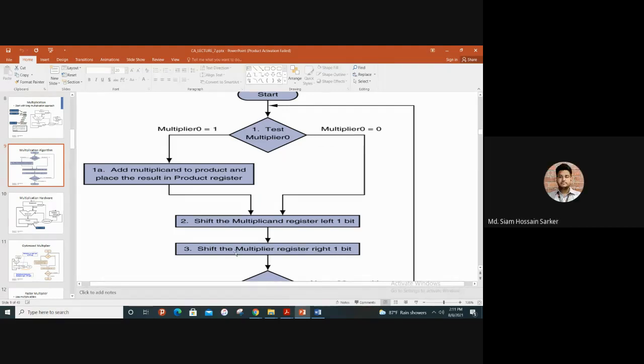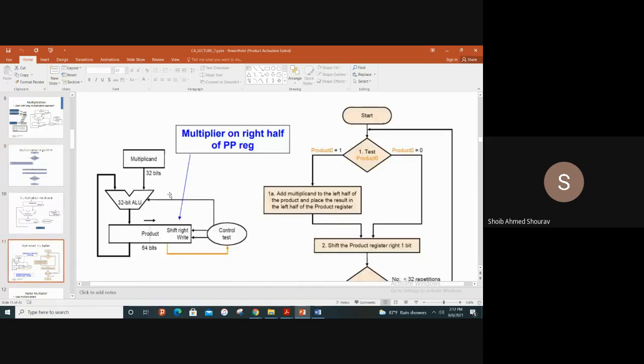Yes, sir. And here, if we want to shift the multiplier right one bit, we have to shift the product register right one bit, right? Yes, sir. So we are going to shift the product register right one bit.